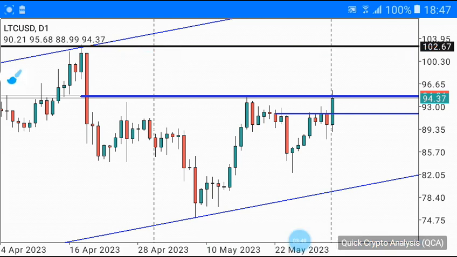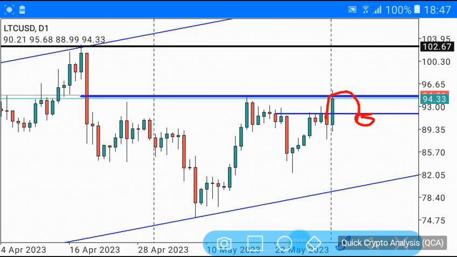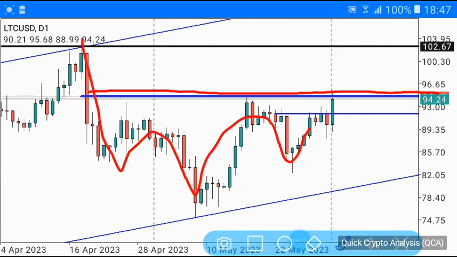Another thing that I also want to speak about is that, as much as I'm saying that should price from where it is come back to this level to give it a test, and that we should be looking for those potential buying opportunities, also bear in mind that this level over here is a very strong level of resistance at this point in time, over and above the fact that it's the neckline of this inverted head and shoulders pattern.